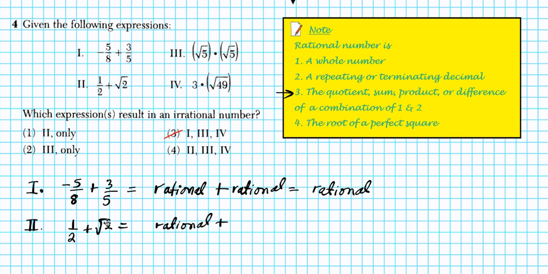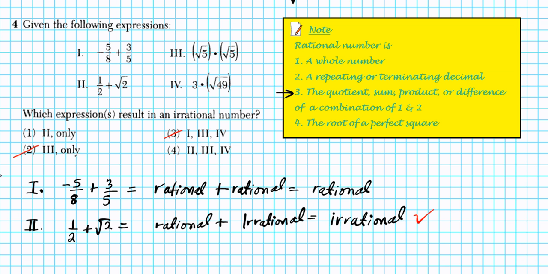So since the radicand is not a perfect square, root 2 is irrational. Now guess what? If you add a rational and an irrational, you always end up with an irrational result. That always happens. So option 2 is irrational. Now we can eliminate that. So our answer is either 1 or 4.